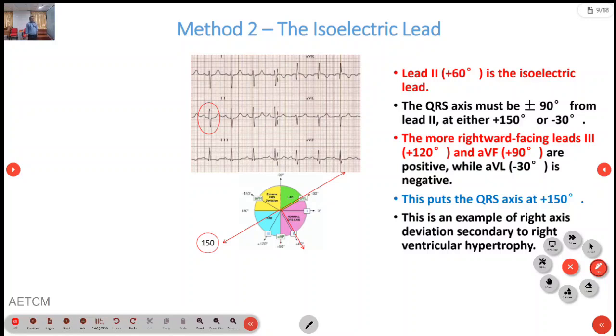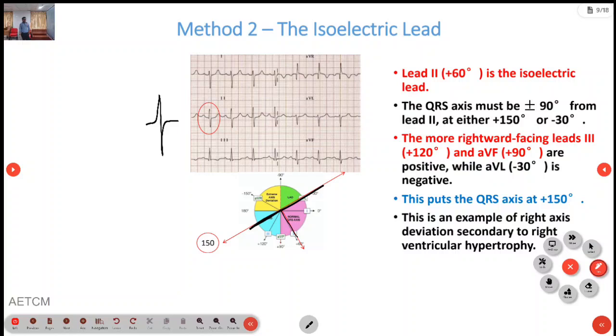Lead 2 is an isoelectric lead. You get a QRS complex like this. The QRS axis must be plus or minus 90 degrees from lead 2. So trace lead 2. This is lead 2, and this is the axis of the QRS here, 90 degrees.